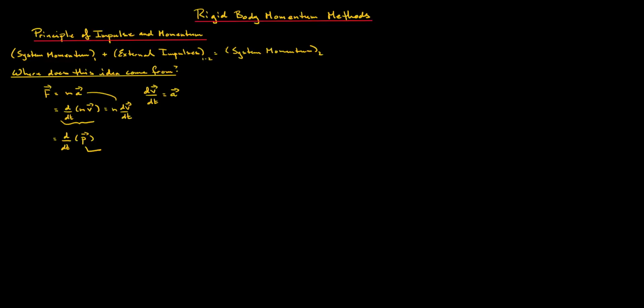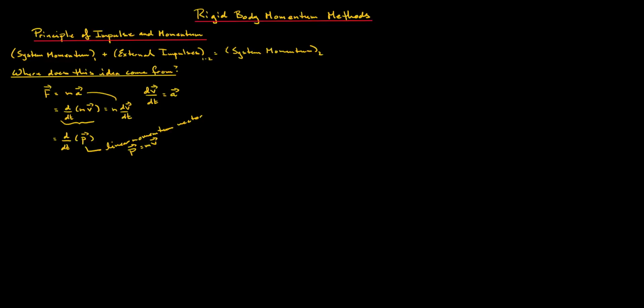And since we're dealing with rigid bodies, I'm going to call this the linear momentum vector. That is, p is equal to mv. So this should not be a particularly new concept. We know that the momentum is equal to the product of the mass times the velocity.